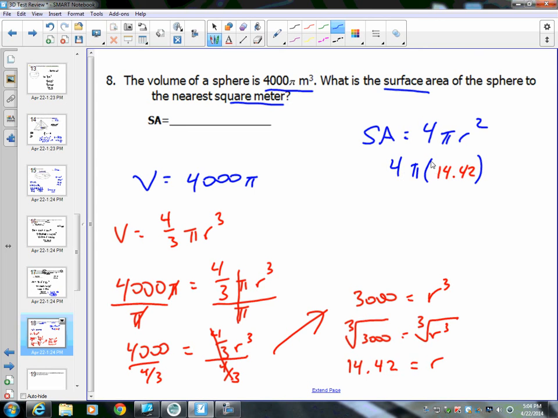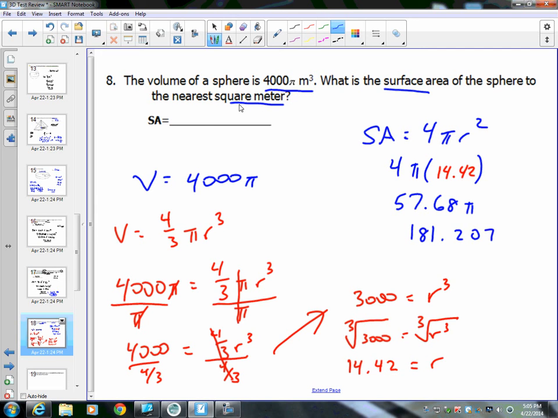So I'm going to multiply the numbers first. So 4 times 14.42 gives us 57.68 pi. We're going to go ahead and multiply the pi in there also. So 57.68 times pi gives us 181.207.